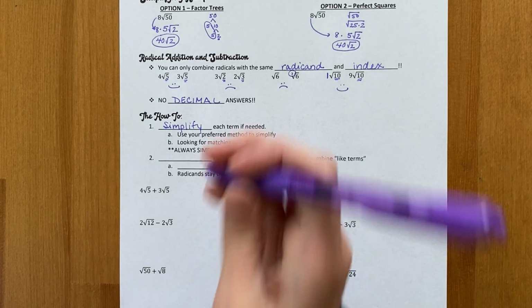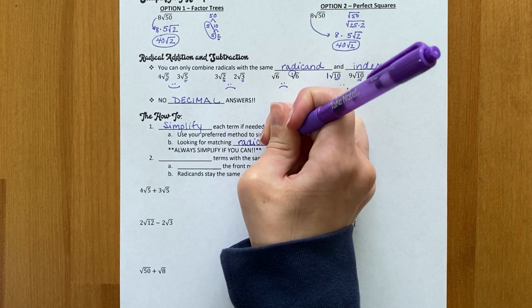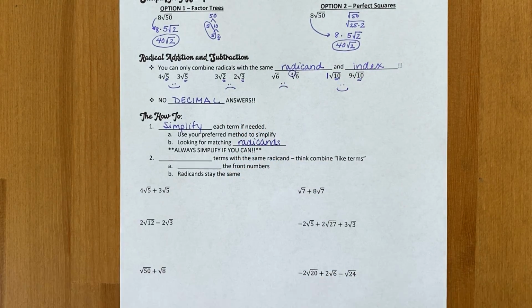Ultimately, what we're trying to get is matching radicands. You should always simplify if you can. You might get a problem where there already are matching radicands, but it might still be too big and still be able to be combined, so you should totally simplify those if they can be simplified.